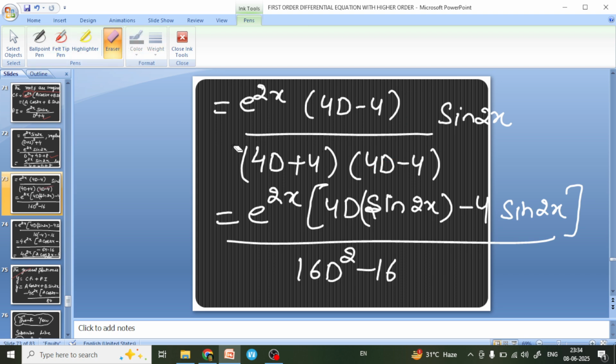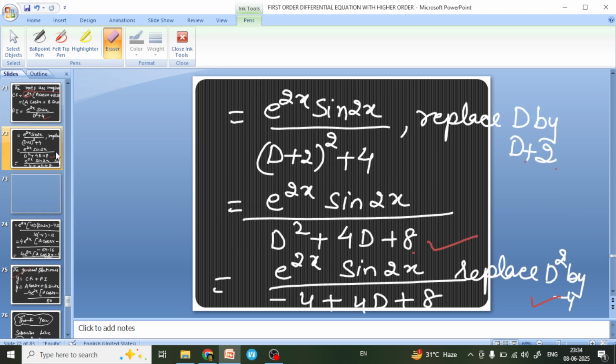Just a minute, here we will find 8 minus 4, that should be equal to 4 plus 4D, and here e raised to power 2x sine 2x.